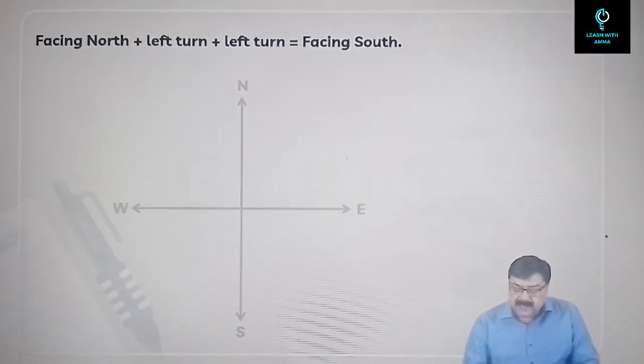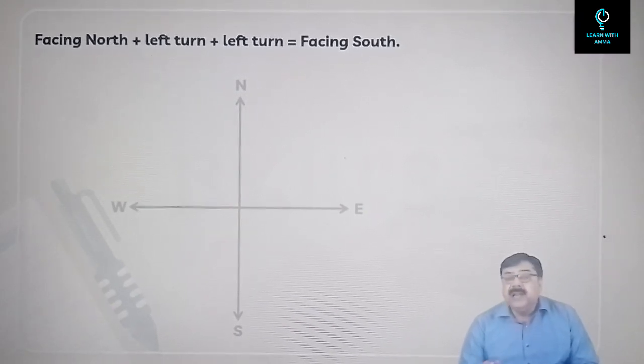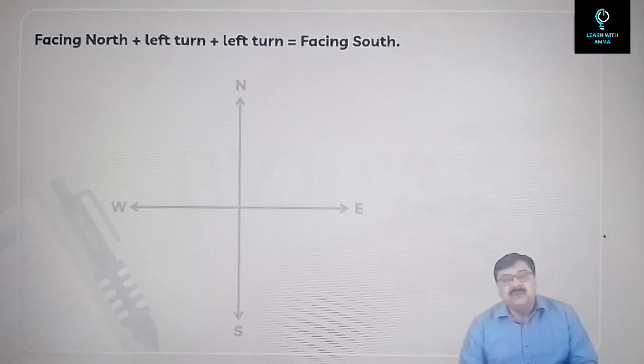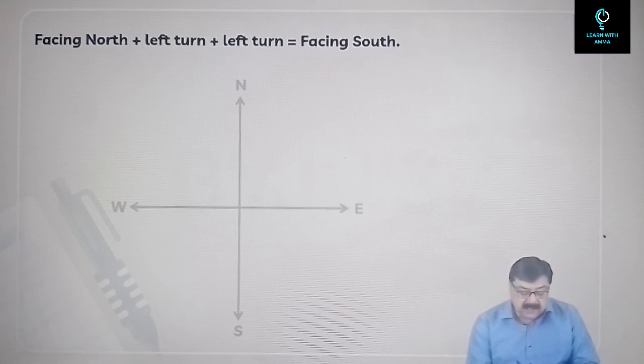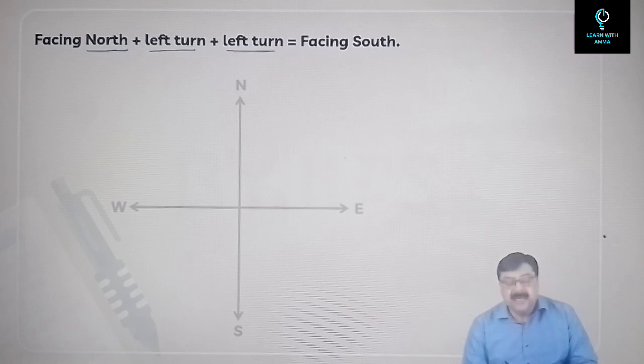If you are facing a particular direction and you take 2 left turns or 2 right turns, then you will face the direction opposite to the initial direction. For example, if you are facing north and you take a left turn and again turn towards left, you would be facing south.